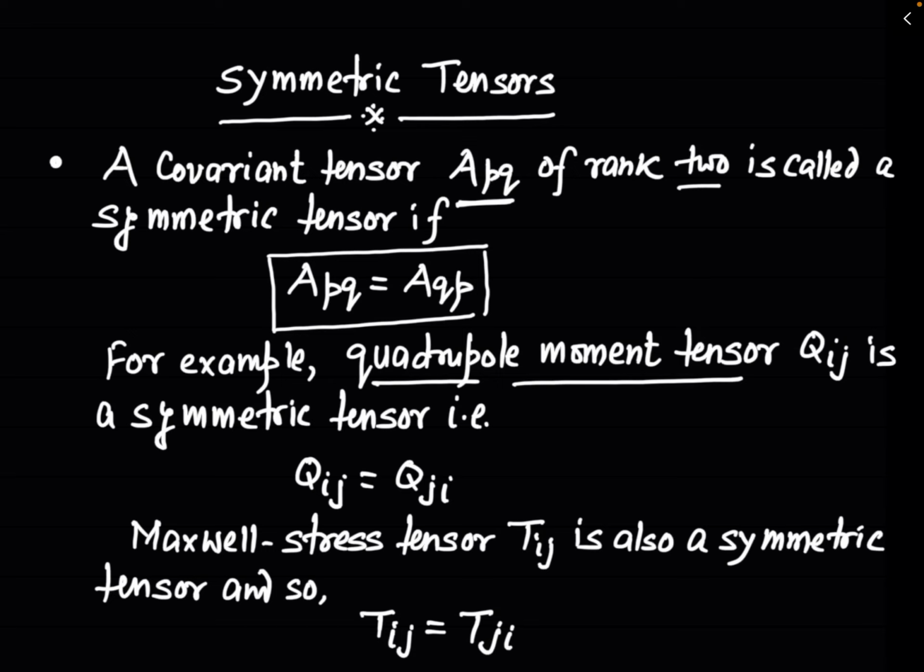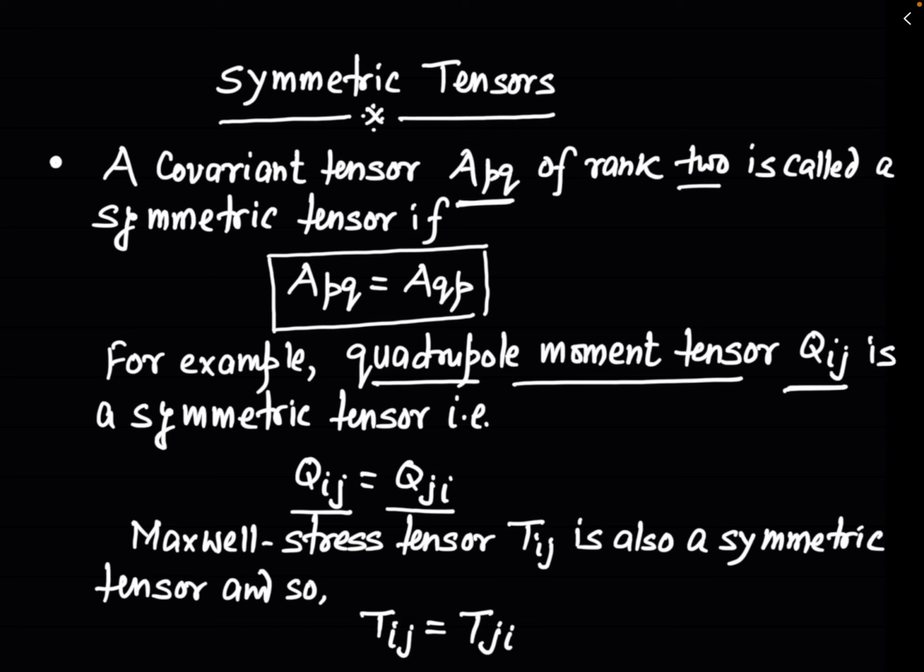In case of multipole expansion of potential, you have studied this tensor in electrostatics. We denote this tensor by the symbol Q sub ij. In fact, this quadrupole moment tensor Q sub ij is a symmetric tensor. And if it is symmetric, what does it mean? It means this Q sub ij will be equal to Q sub ji.